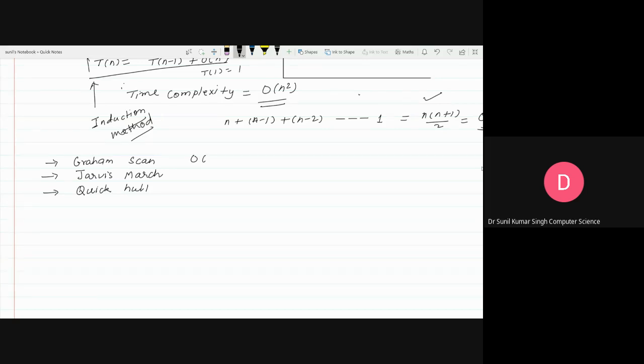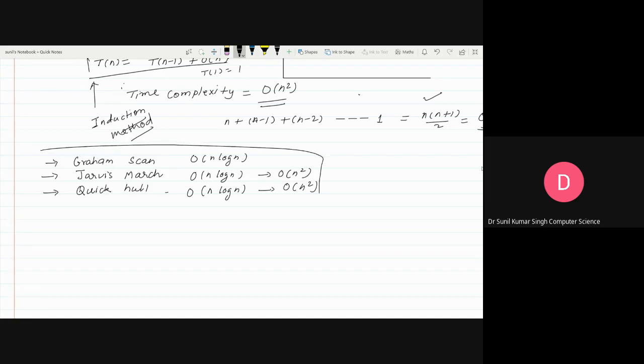We have seen that its time complexity is order of n log n, and in the Jarvis case it can be order of n log n, or maybe it can be order of n square also. And similarly in Quick Hull, it will be order of n log n in the average case, and in the worst case it is also going to be order of n square. So this is all about the convex hull.